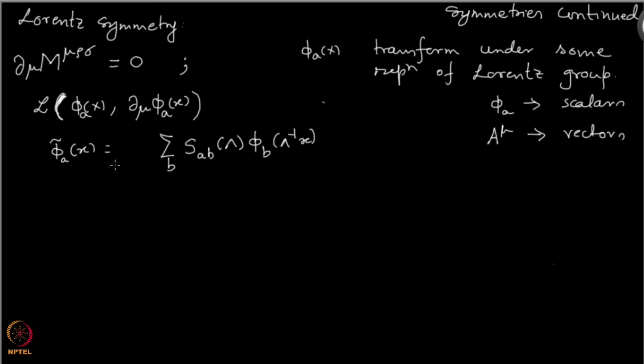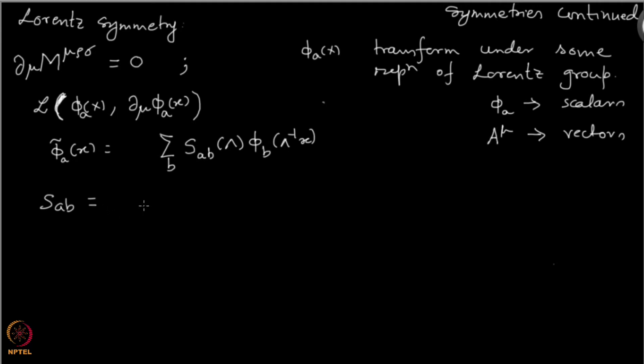So what is S_AB if your φ's are scalars? Let's say you have n scalars, φ_1, φ_2, φ_3, and so on to φ_n. What would S_AB be?